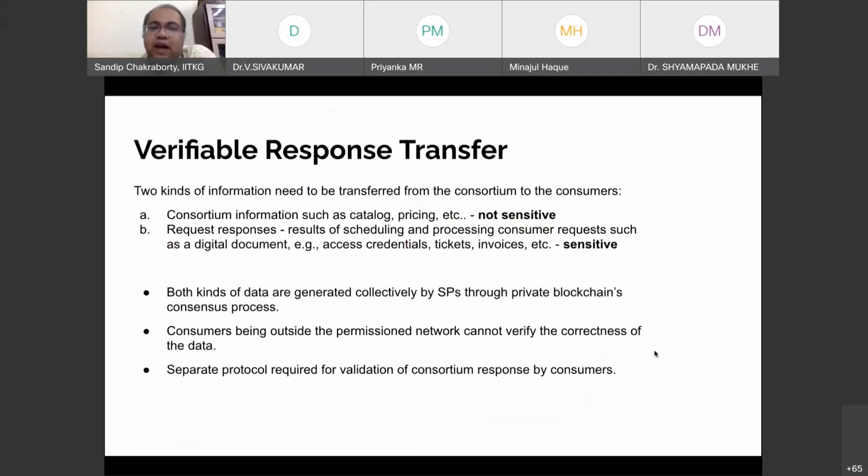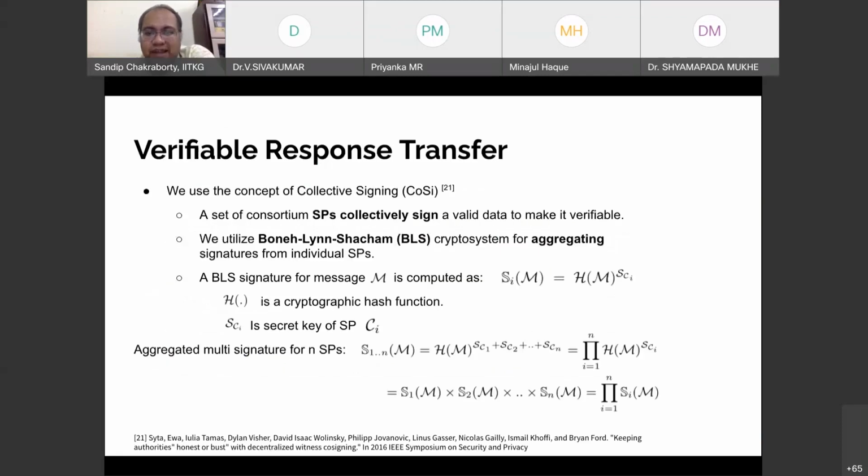Now to transfer the response, after processing is done, from the private blockchain to the public blockchain, we use a method of collective signing that we call COSI, with the help of the BLS crypto system.